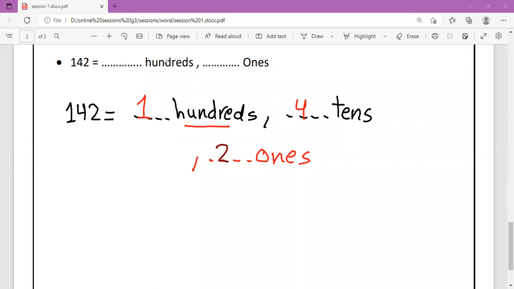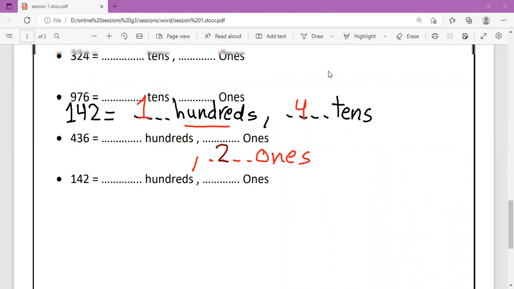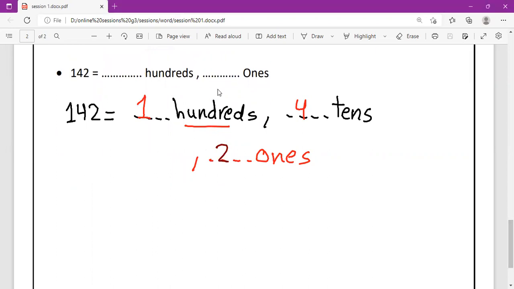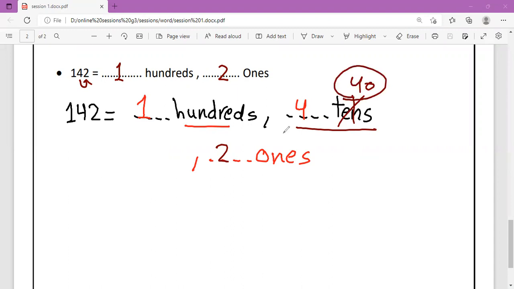Let's go up here. The same number, but I just cancel tens. So put 2 in ones, put 1, as I told you, another way for you: 4 with 2, because 4 tens will give you 40. If you put 40 and 2, it will be 42, the same answer.